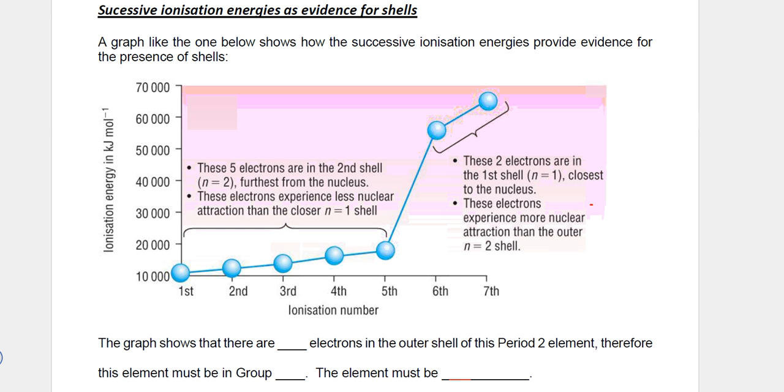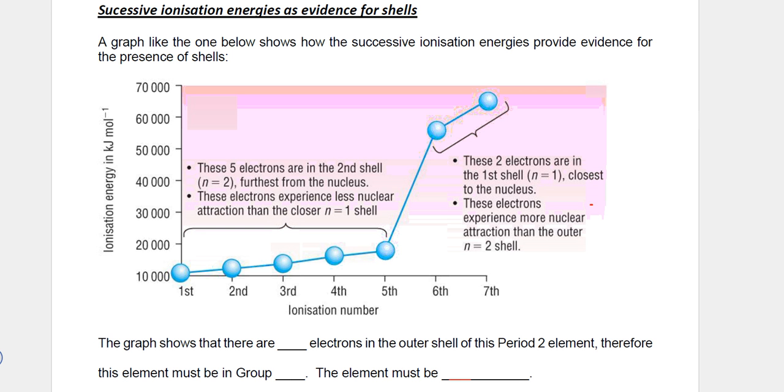So what we've got here on this graph is looking at how successive ionisation energies provide evidence for the arrangement of electrons in energy levels or shells. So the first, second, third, fourth and fifth electrons in this example must be in an energy level further away from the nucleus than the sixth and the seventh electron, which must be in a shell much closer to the nucleus.